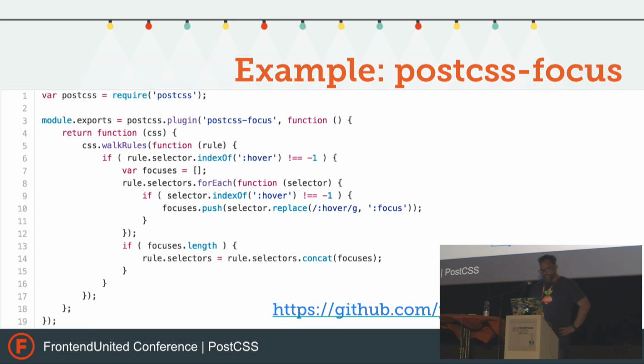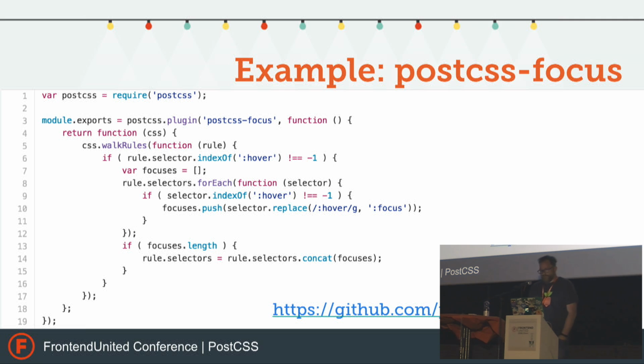Maybe here an example that is not too complex. It's a plugin called PostCSS Focus, and basically what it does is it finds all the hovers and then also adds a focus selector, so that you don't have to write this all yourself. When you look at that, you see that the function gets the CSS.